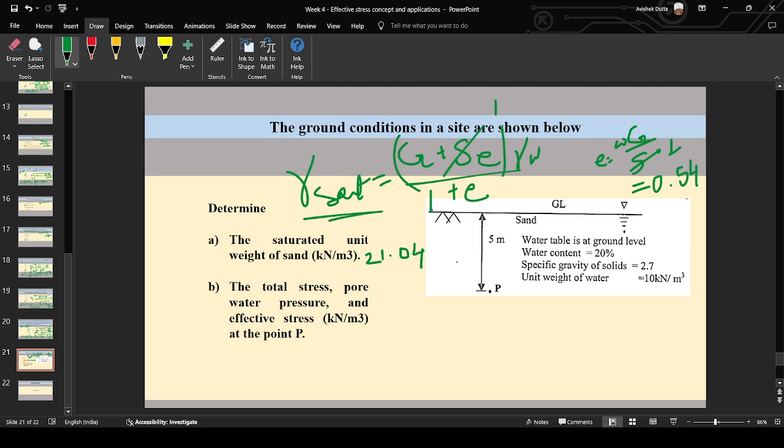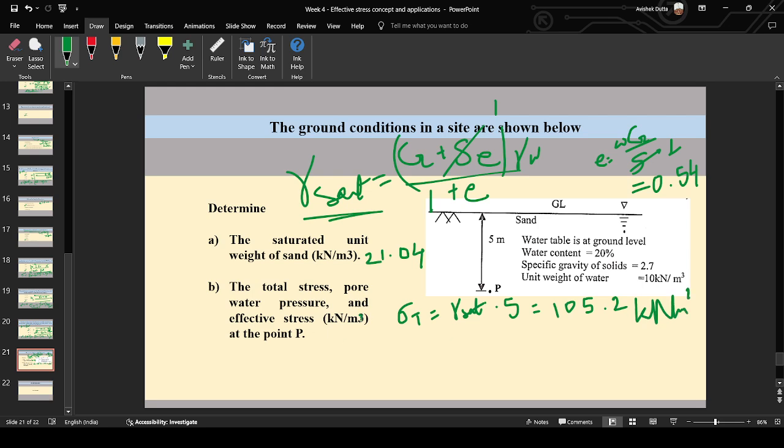Now we have gamma sat, so you have to find the total stress, the water pressure and the effective stress. Very easy. Total stress, sigma T, equals gamma sat into 5. Gamma sat is 21.04, so 21.04 into 5 gives 105.2 kilonewton per meter square, not cube.